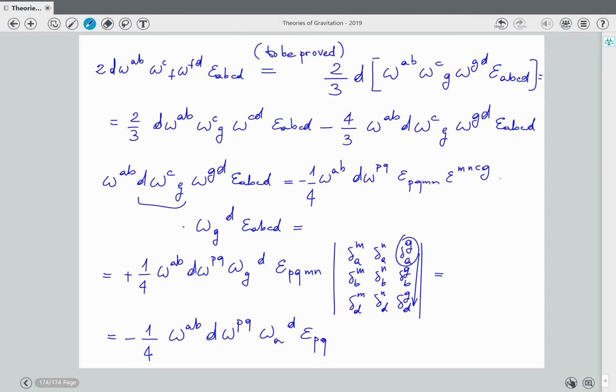So if we are doing this, we have MB ND. Twice, because we have this delta MB delta ND minus delta NB delta MD. So twice.